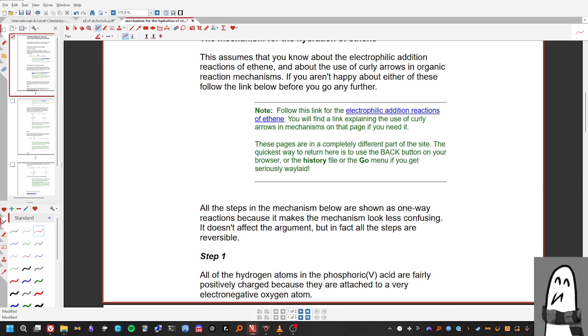I am not very good at explaining electrophilic addition of ethene, but I do remember something removing the ethene bond. So if you're like CH2, basically the H gets removed, the double bond, no. No.